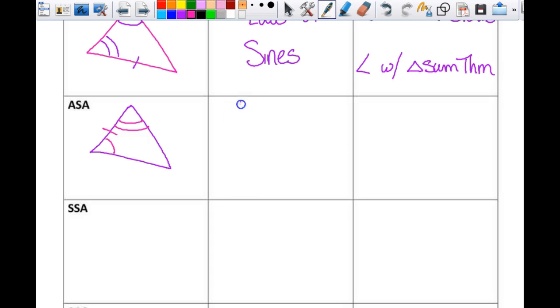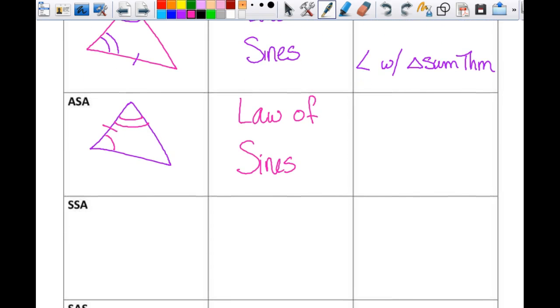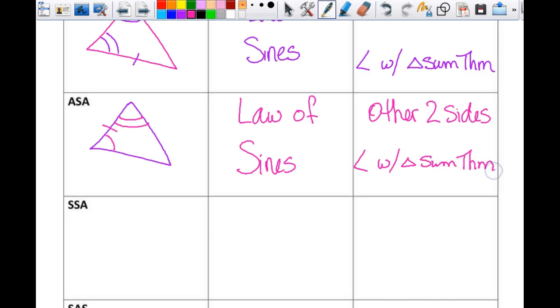And you're going to use that to find the other two sides, and you find the angle with the triangle sum theorem. So they act the same way. You just have to find the angle first.